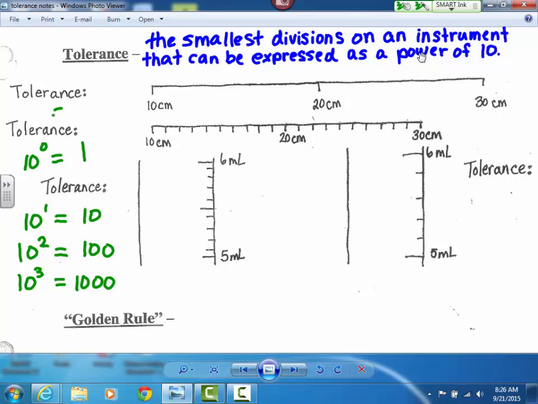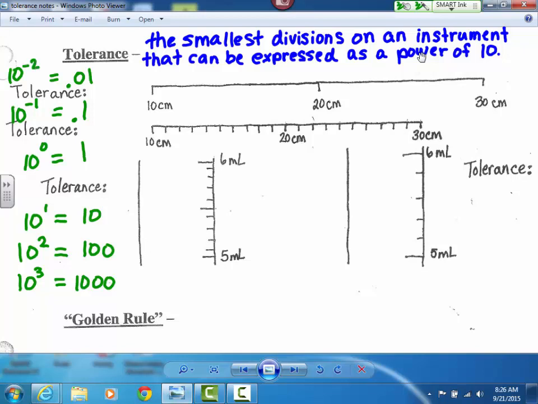If I wanted to write 0.1 as a power of 10, do you know what that would be? It would be 10 to the negative 1. If I wanted to write then 0.01 as a power of 10, that would be 10 to the negative 2.